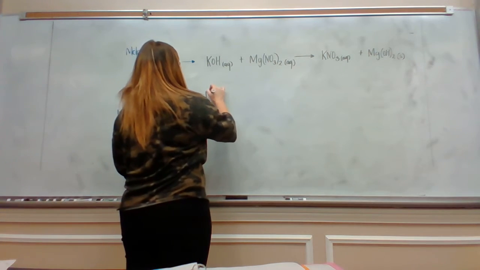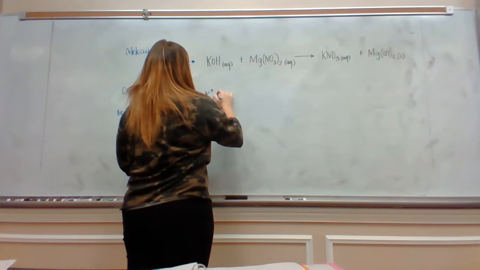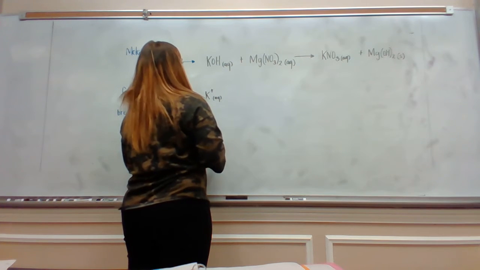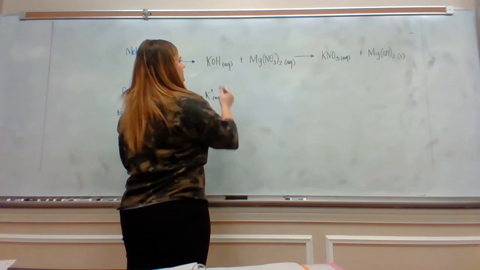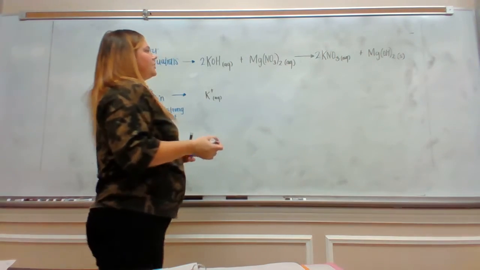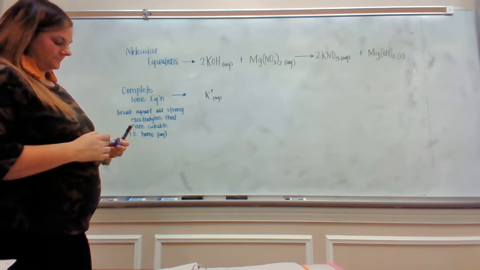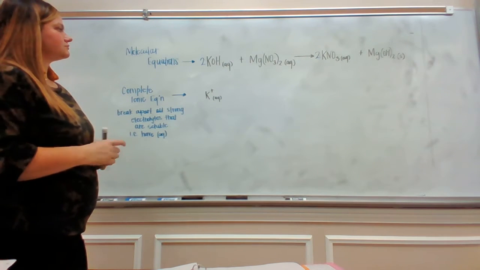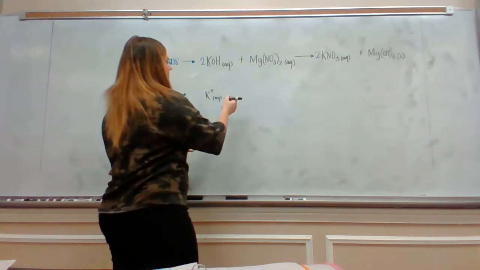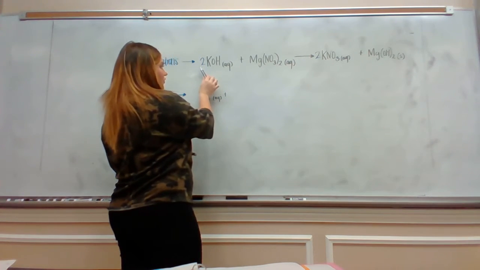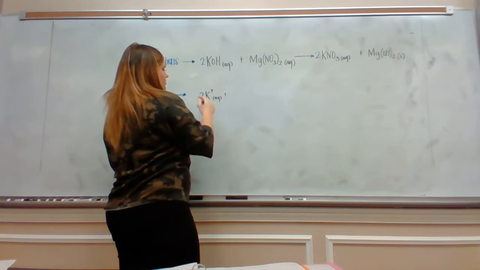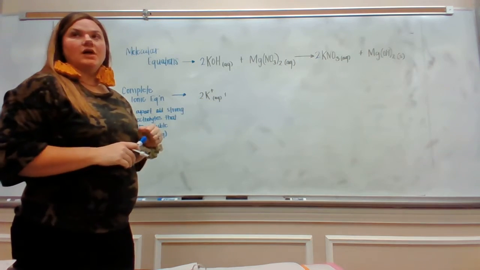So before I do this, let's balance it. Looks like I need a 2 here and a 2 here. Yep. Okay, so for the complete ionic equation, when you have coefficients, you're going to put that coefficient with each individual ion as well.